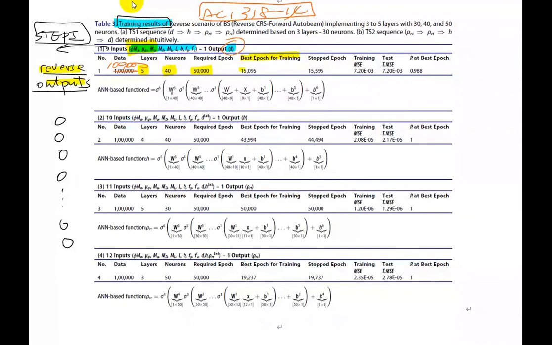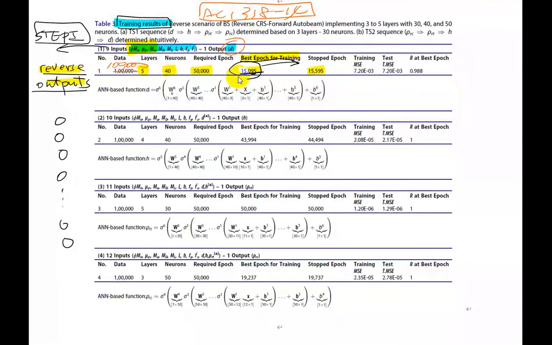So this is now 15,095, and you're stopping at 15,595. The reason you go a little longer is that even though you got a best epoch right there, the training continues to see if you can get a better training result than this.